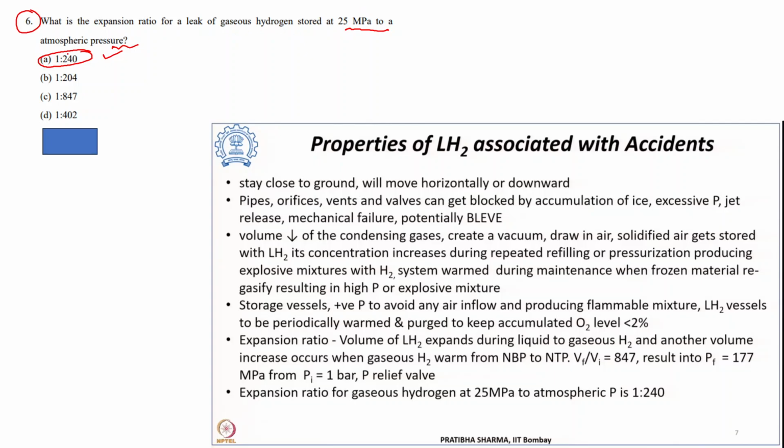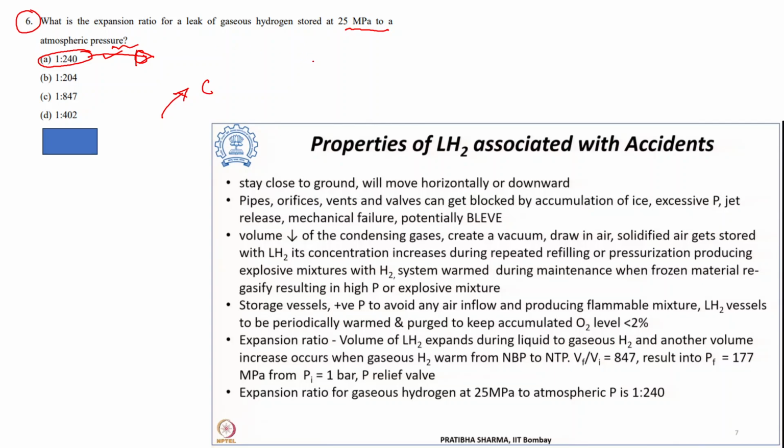But why is this large volume of expansion dangerous in the case of hydrogen? Why not, suppose, for CNG? My question is, this volume is very high.